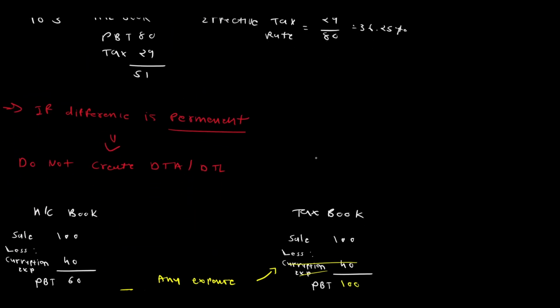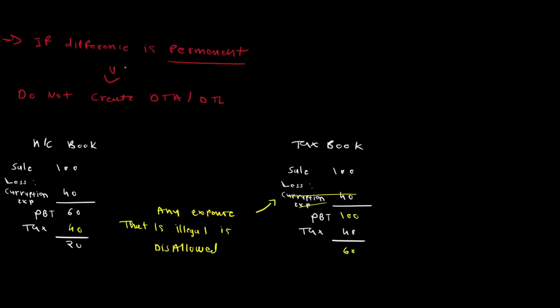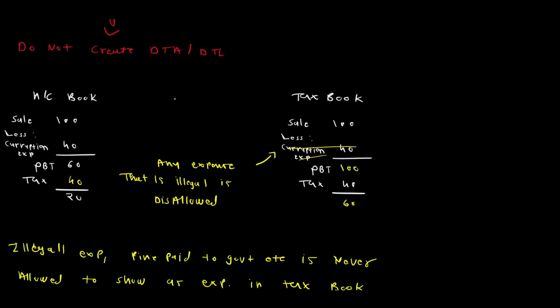Let's discuss the next reading. If the difference is permanent, then we do not create DTA or DTL. Why? Because it can't be reversed. Let's understand with an example. Say there is a person handling the accounts books.